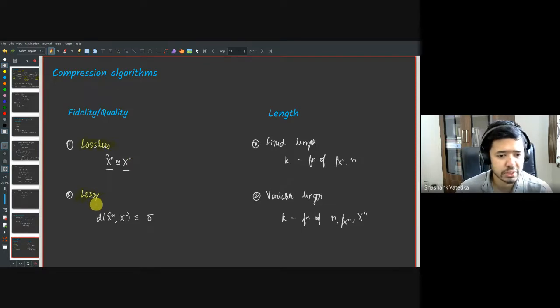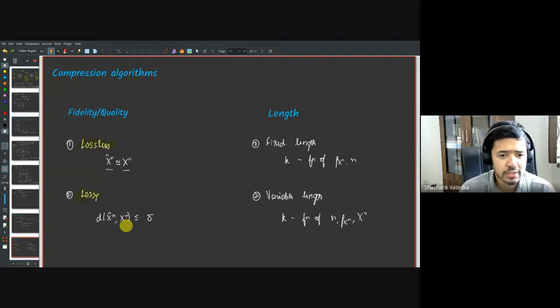In lossy compression algorithms, it's okay if the decompressed file is never equal to the original file. What you want is that the decompressed file must be close to the original file with respect to some distortion metric. So for example, you could demand that the mean squared error between the decompressed file and the original file should be less than or equal to some pre-specified parameter delta.